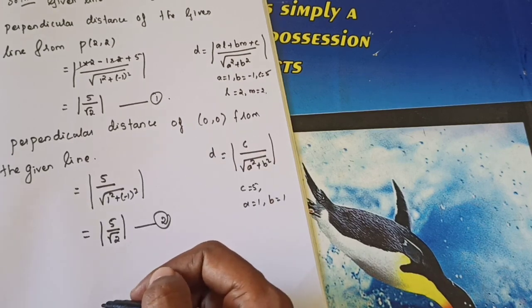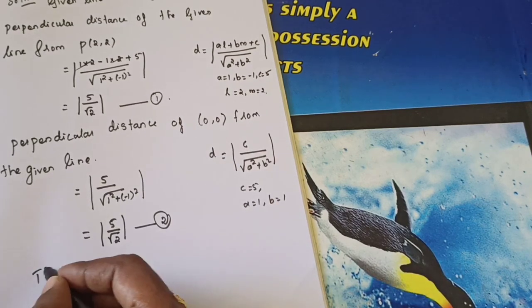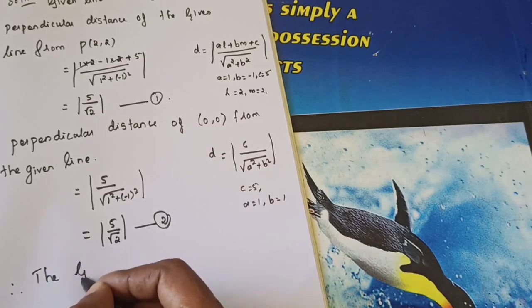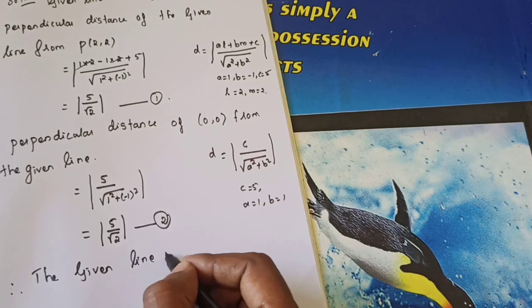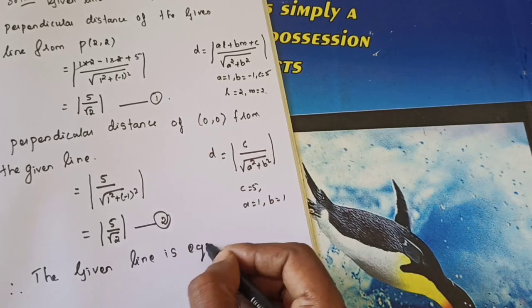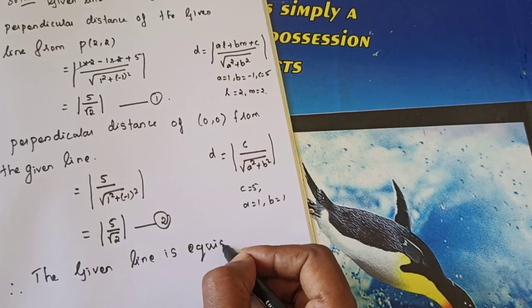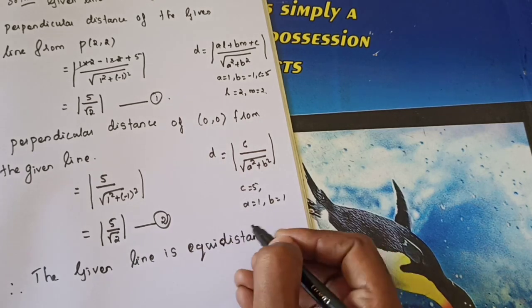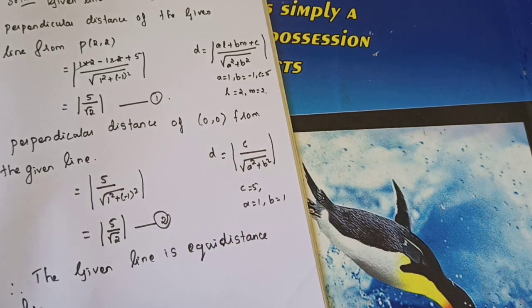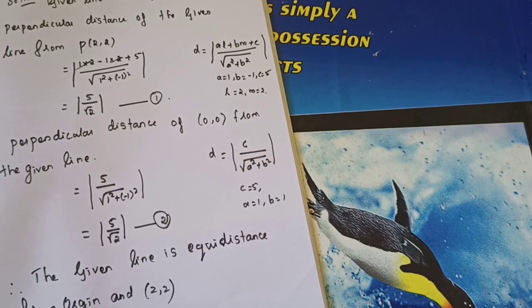Are both equal? Equal, correct? So therefore the given line is equidistant from the origin and 2, 2.